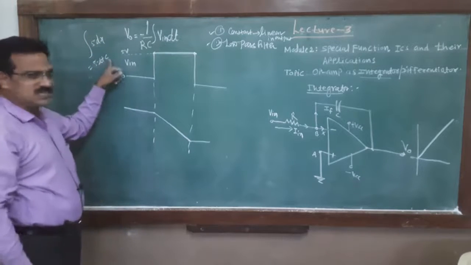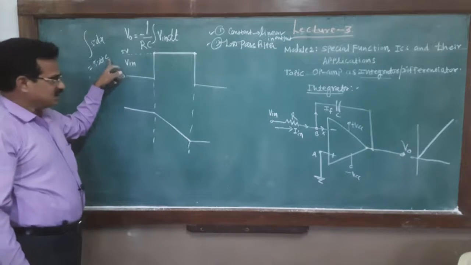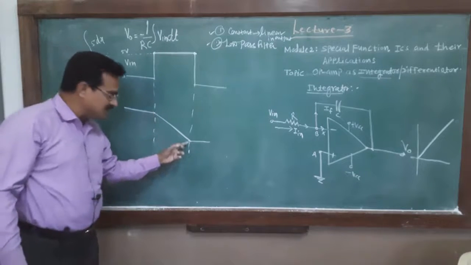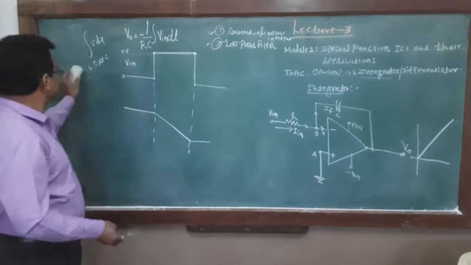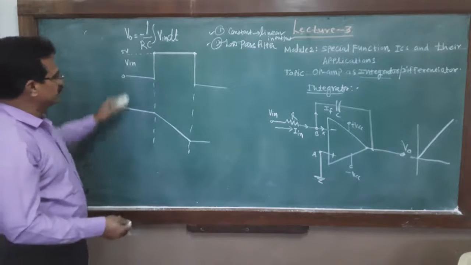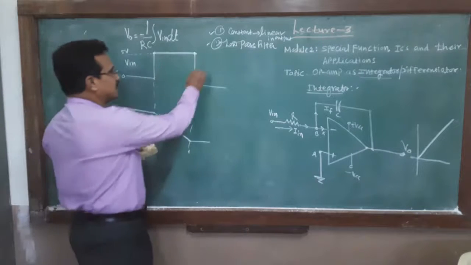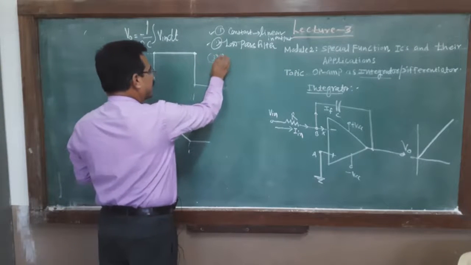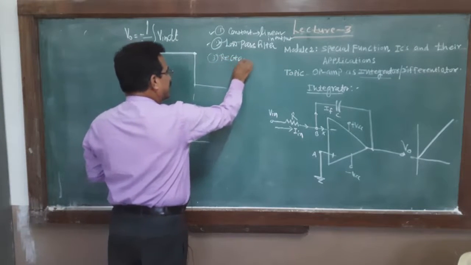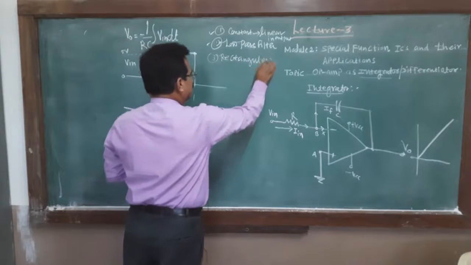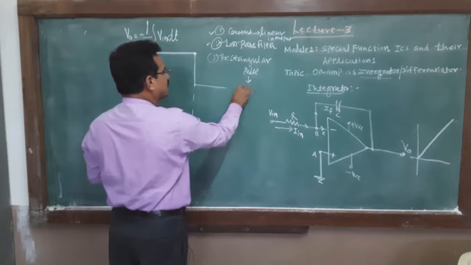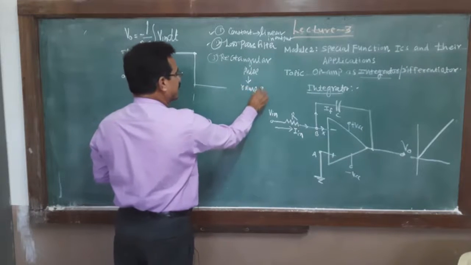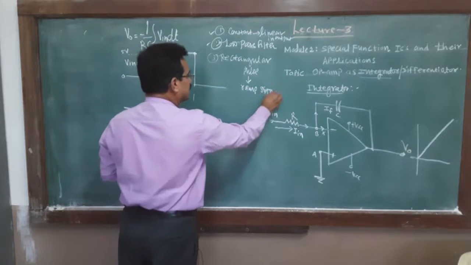This is an equation of a straight line. But this straight line has a decreasing slope. The reason behind it is the inverting amplifier. From the rectangular pulse, we get the ramp signal.